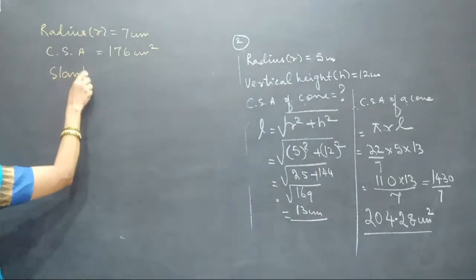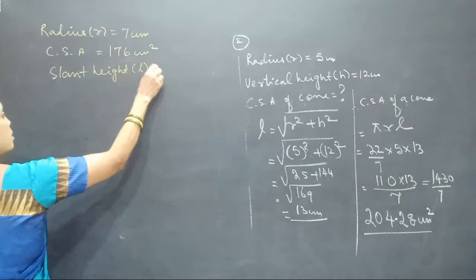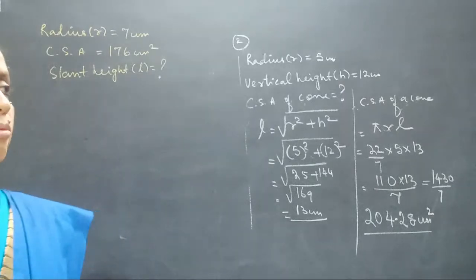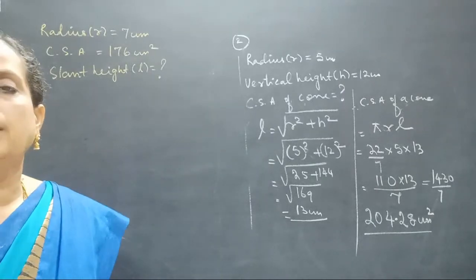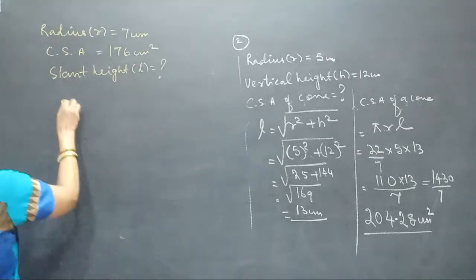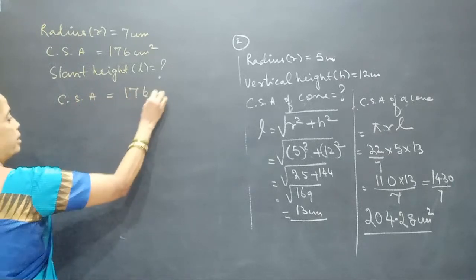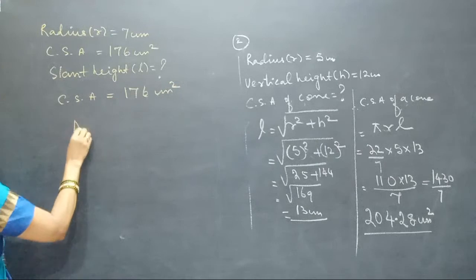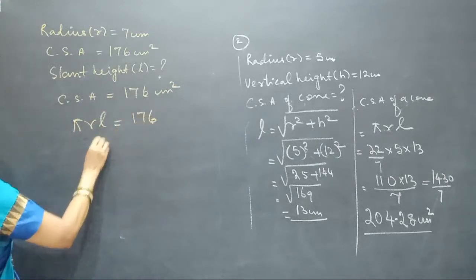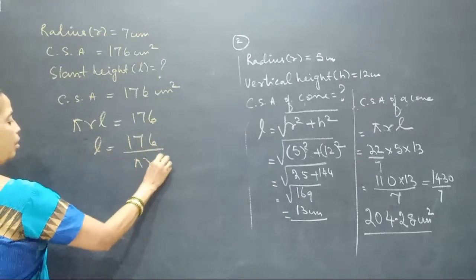Very simple question. Slant height L equals question mark. First of all, you have to write up what is given in the statement. So now we have the formula. Curved surface area equals 176, that is pi r L equals 176. L equals 176 by pi r.